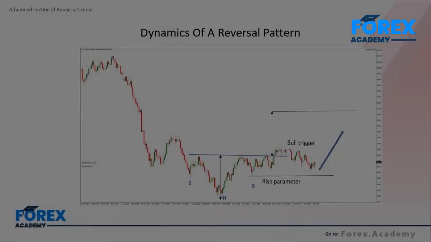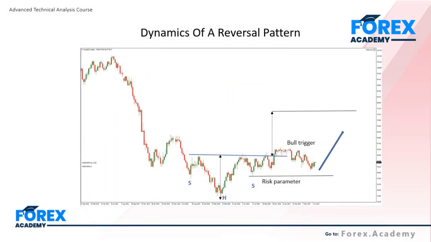Let's take a look at an example on this particular chart in front of you. We have a clear, definable trend. The market has moved from these high points down to this low point over here.